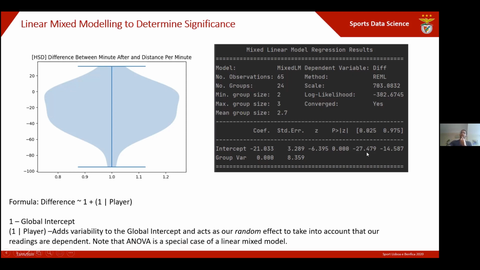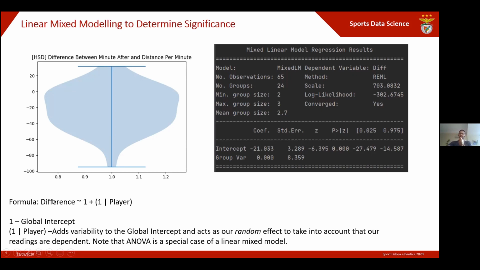Within both extremities of our 95% confidence interval we are between -27 and -15, which lets us know that it is statistically significant that the minute after a sequence of peak intensity, players are fatigued and not able to produce a match average performance from a physical output point of view. The formula is the most basic linear mixed model that you can create.